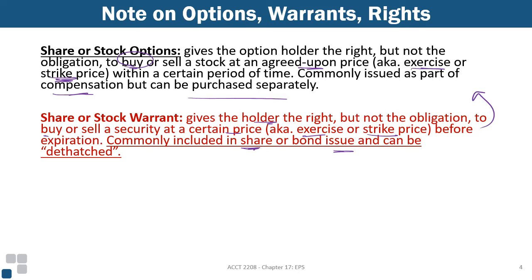And usually with warrants, you need a certain number of shares plus some cash to be able to purchase the common shares. With options, it's just straight cash. You don't need to own existing shares, right? But in essence, for the treatment of earnings per share and diluted earnings per share, options and warrants are basically treated the same.